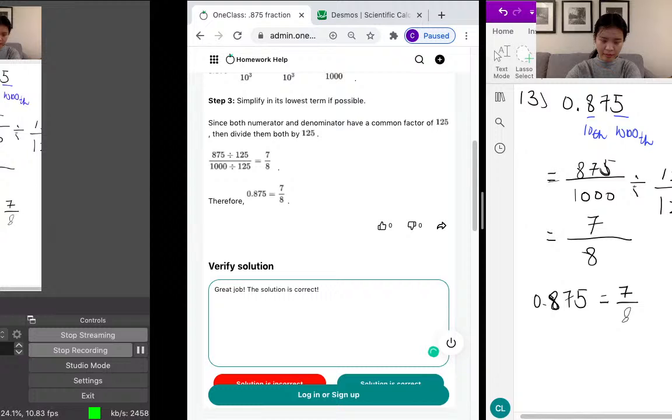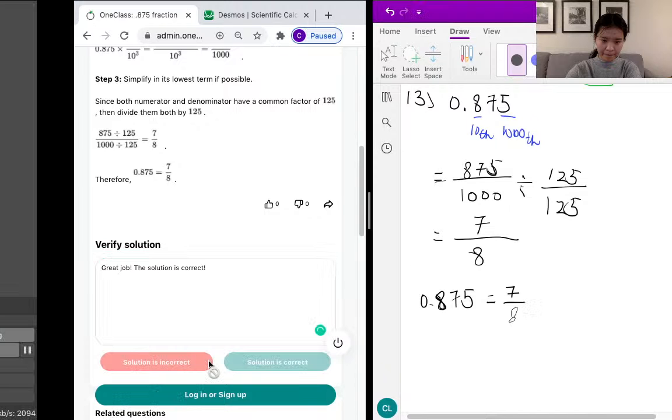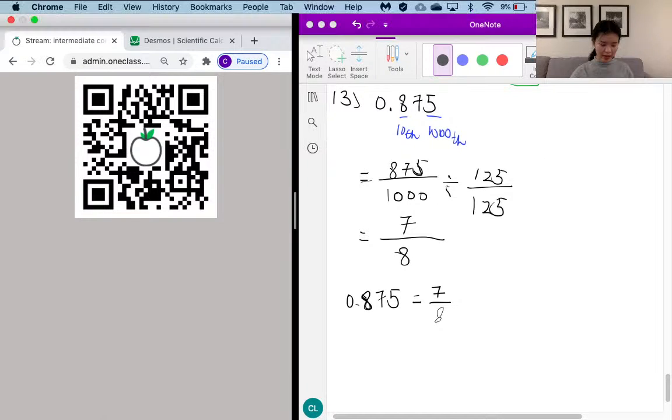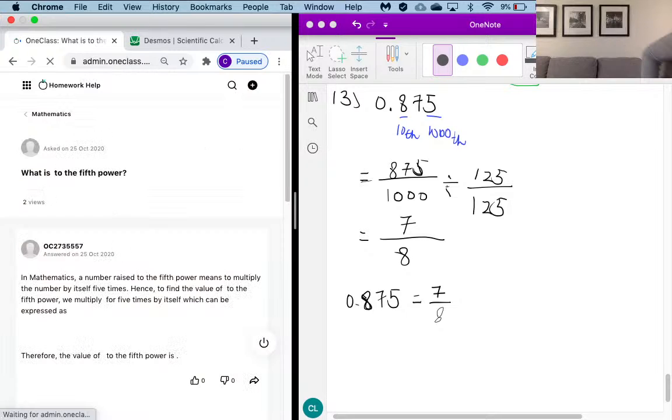Perfect. Okay, I think my battery is almost out. I'm just going to quickly plug it in. Takes me 2 seconds. Okay.